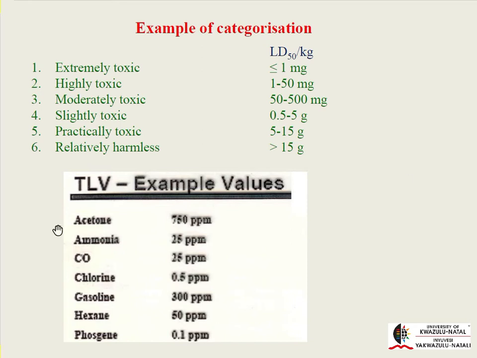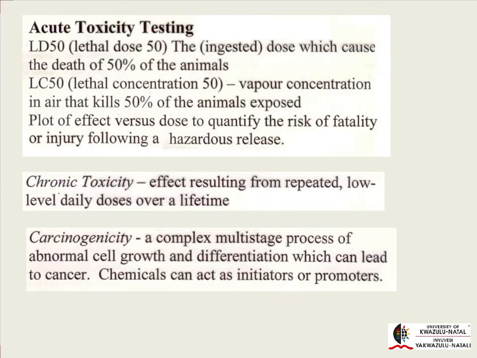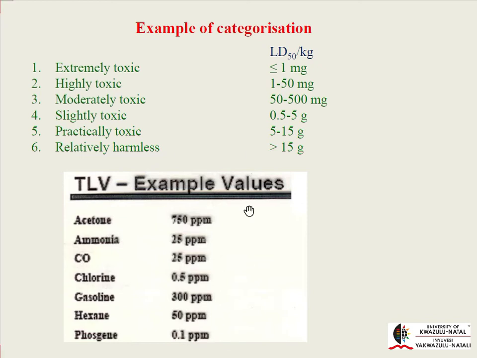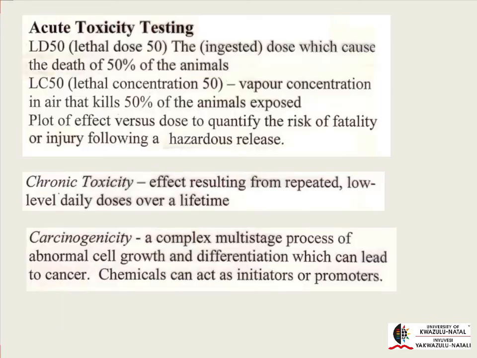Threshold limit values, these are just some examples. Those are air concentrations, just to give you an idea of the amounts and what is considered high or low. We've also looked at our various definitions of LD50 and LC50, so I won't waste too much time on that.